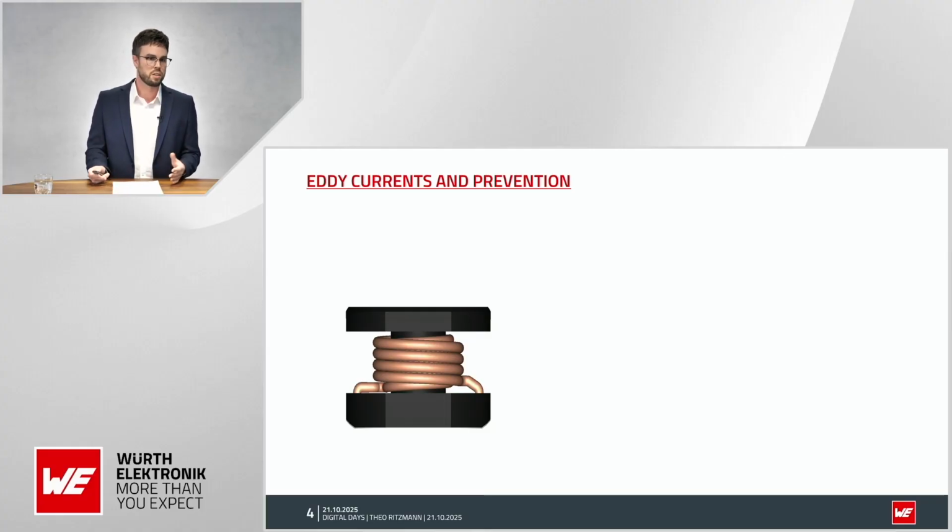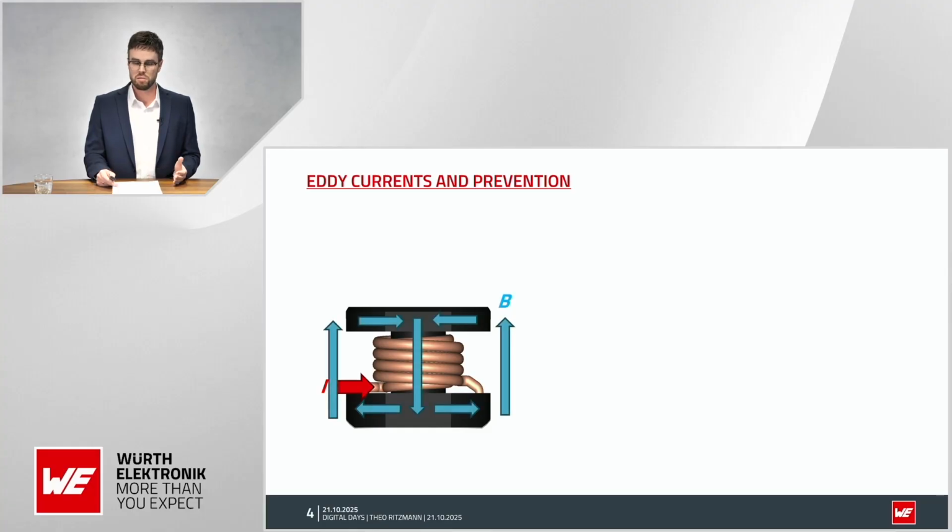So what's actually the problem when we go for higher frequency? Here you can see a simplification of an inductor made out of a core and a coil. First of all, we have a current flow through the inductor. This is indicated by this red arrow here. This current will induce a magnetic field, a closed loop magnetic field following the core geometry.